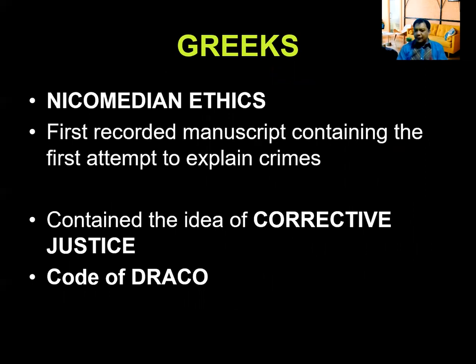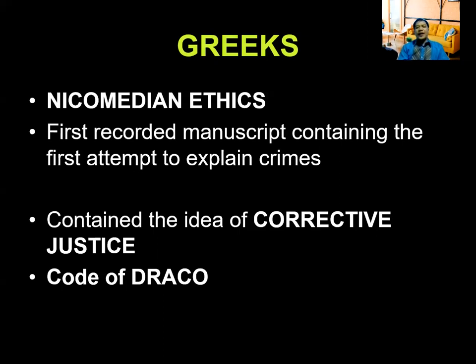They are even credited as the forerunners or founders of the system of democracy. So the Greeks were one of the early civilizations that came up with a certain explanation as to why a crime is being committed.